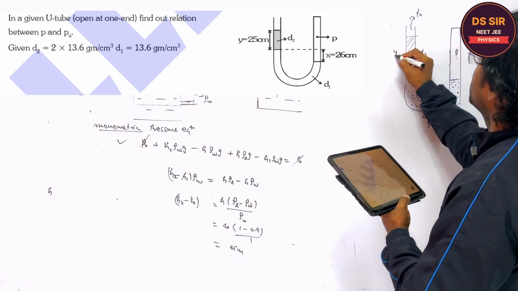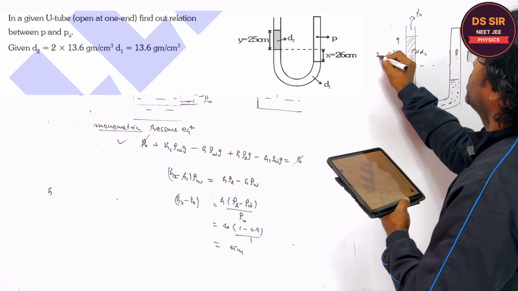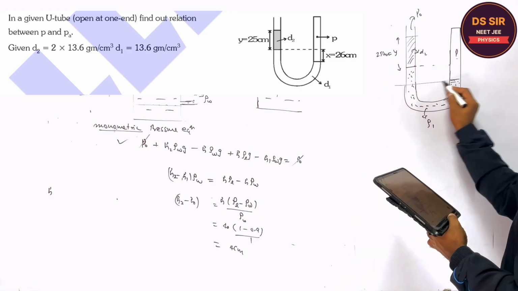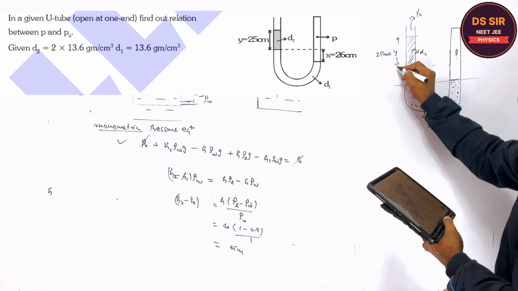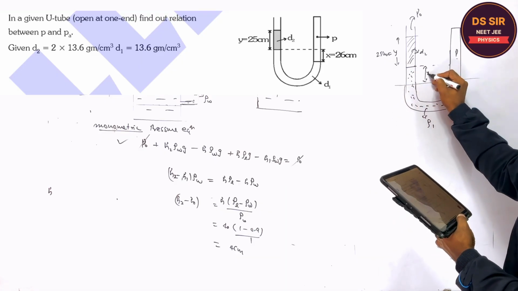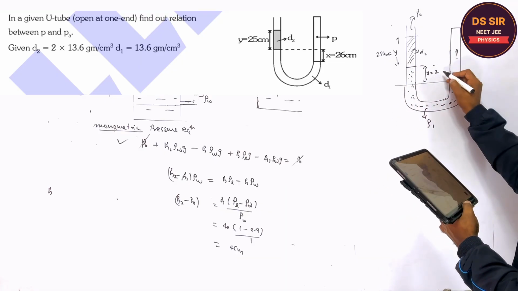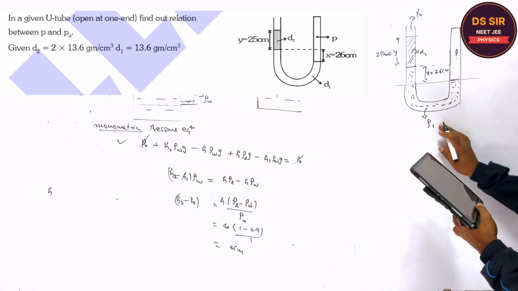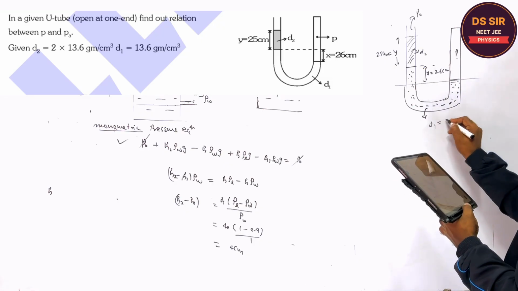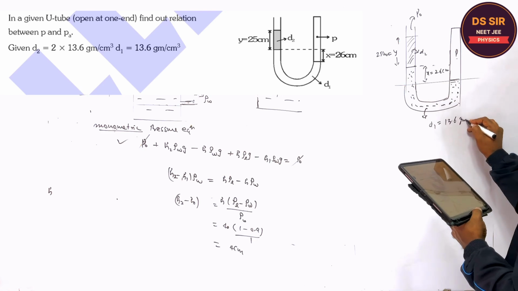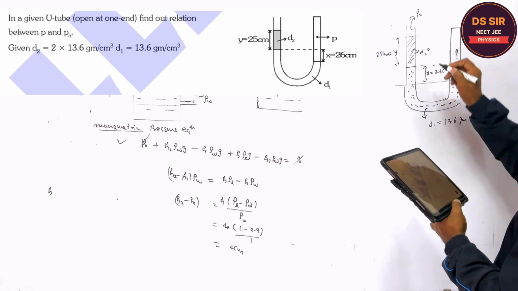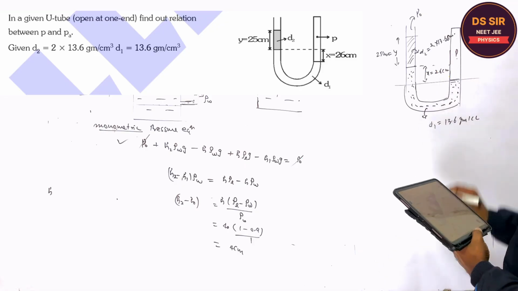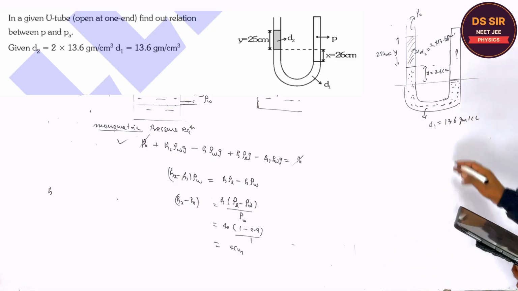So this distance is y, which is 25 centimeter. All right, and this distance is also given as x, 26 centimeter. Is it clear? The density D1 is 13.6 gram per cc and the density D2 is given as 2 into 13.6 gram per cc. So I'm writing in terms of mercury.